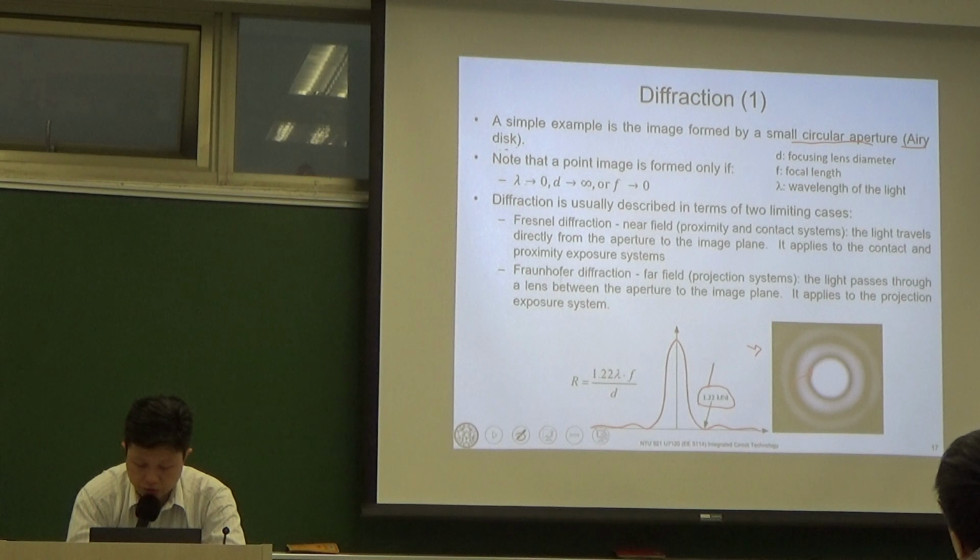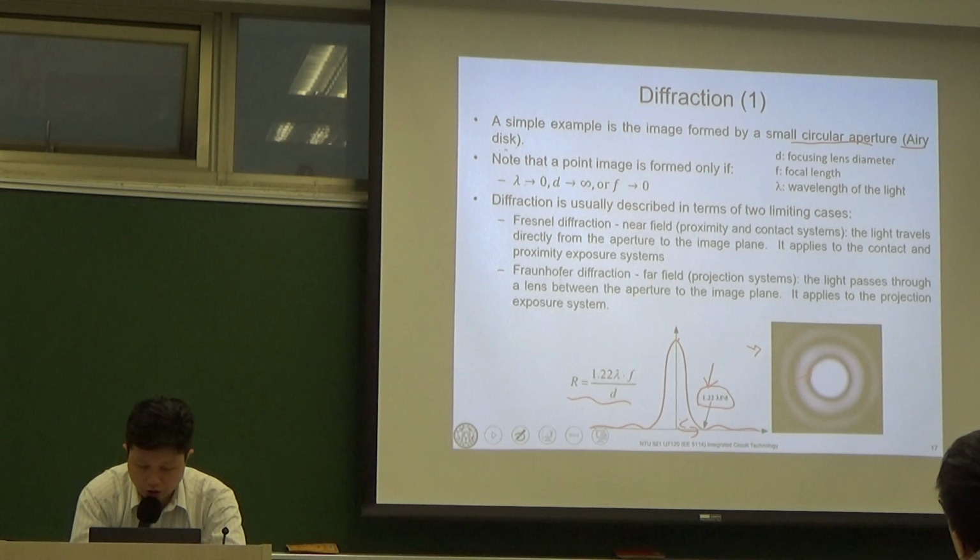There's a certain math that we have to go through to give you this radius. If this is the center, then this is the radius of your disk. It's 1.22 times your wavelength and your focal length, divided by the diameter of your lens.